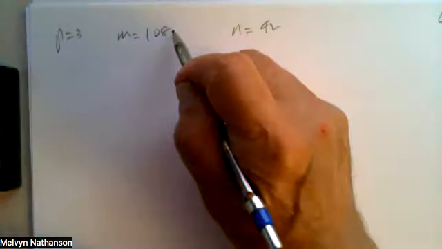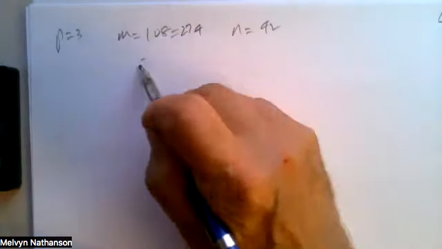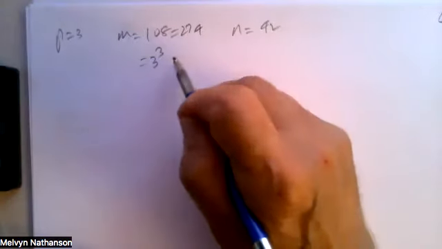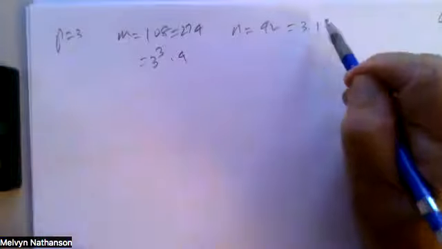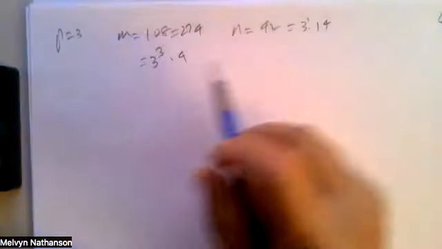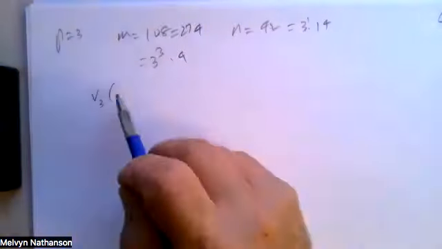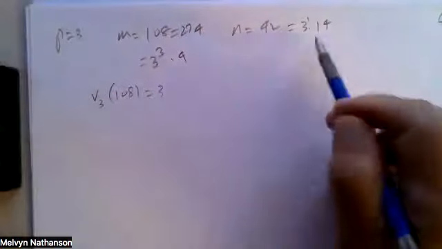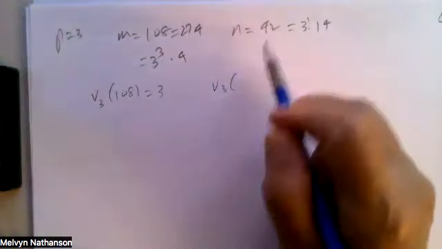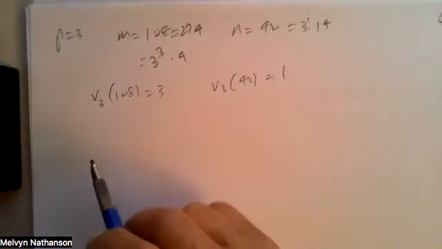So 108 is 27 times 4, that's 3 cubed times 4. 42 is 3 times 14. So the highest power of 3 that divides 108 is the third power. The highest power of 3 that divides 42 is the first power.